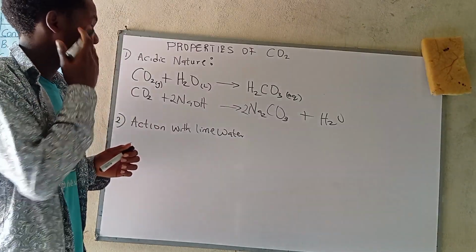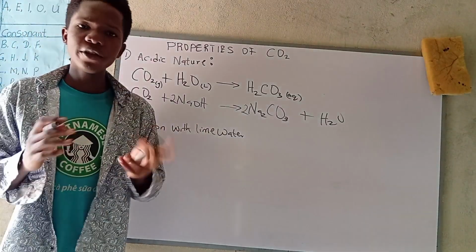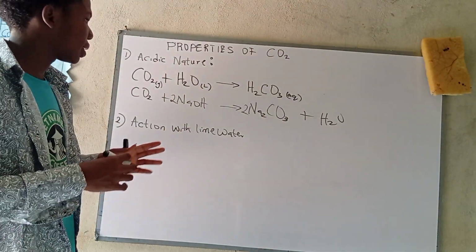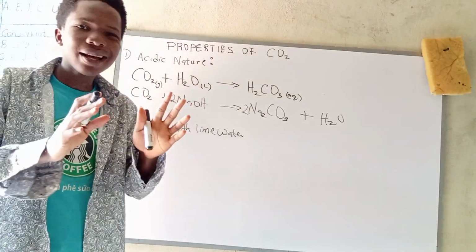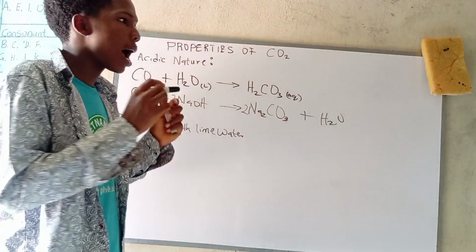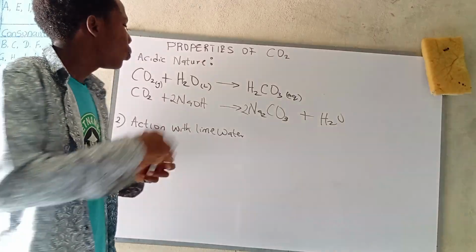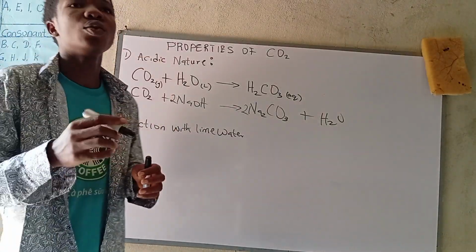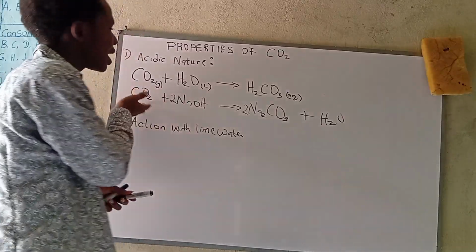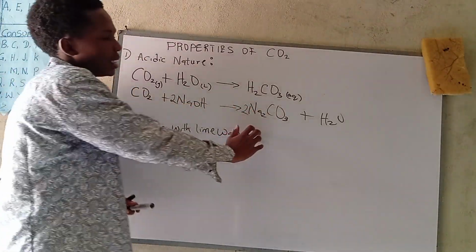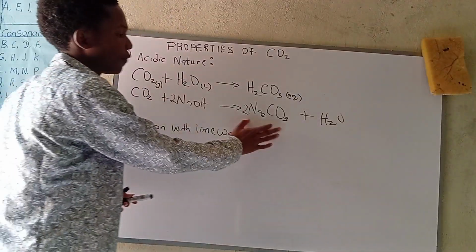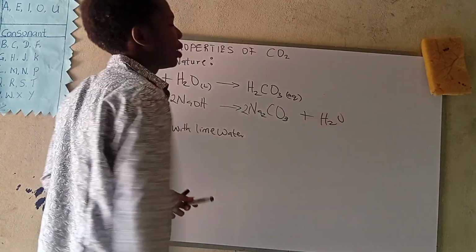Alright. Now, moving on. What do we do next? There's one final reaction which makes CO2 an acid anhydride. When there is excess CO2, which means after this reaction has taken place, it has formed a salt and water. What next?